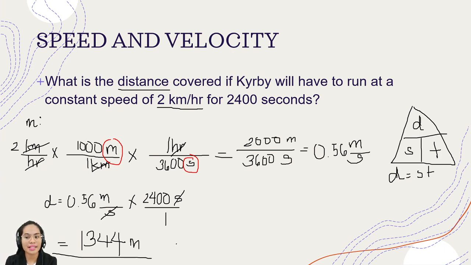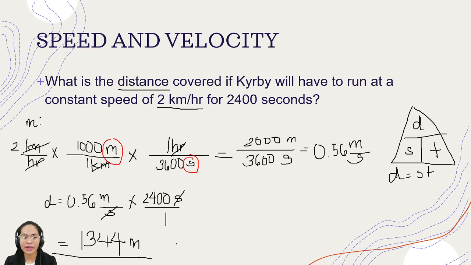That is the distance covered by Kirby. If we are going to put it into conclusion, you may just say, Kirby covered 1,344 meters for the span of 2,400 seconds at a constant speed of 2 kilometers per hour. So that's all. It's easy, right?